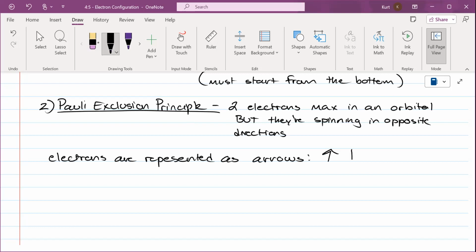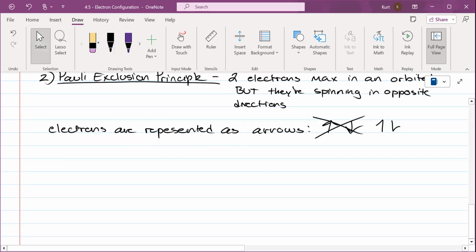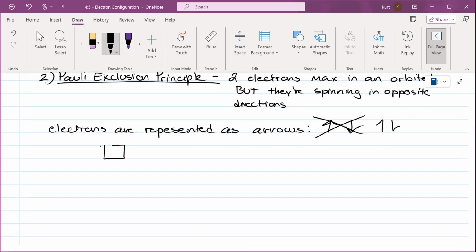Rather than do this and do this, we're going to do this. It'll make it easy. Trust me. Now, how do you draw this? Well, this is an electron spinning in one direction.